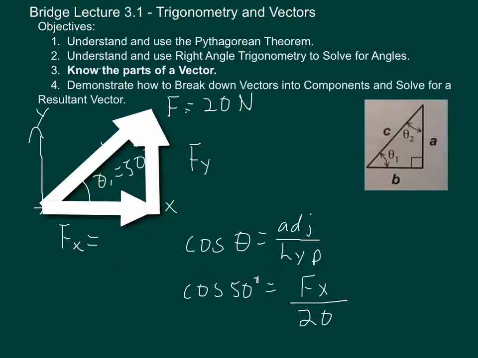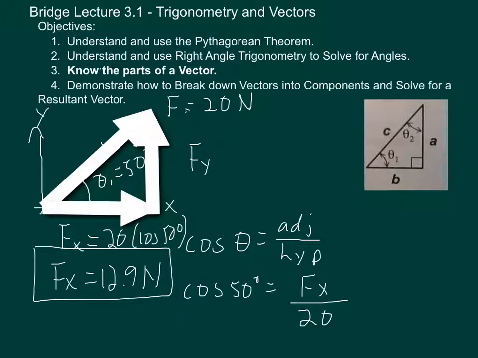So f of x equals 20 times cosine of 50 degrees. F of x equals 12.9 newtons.